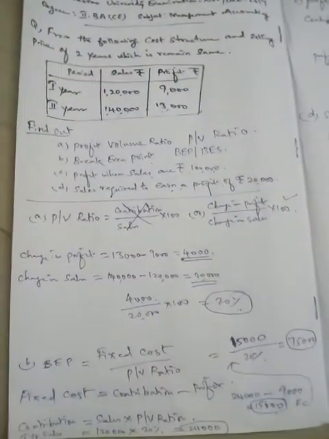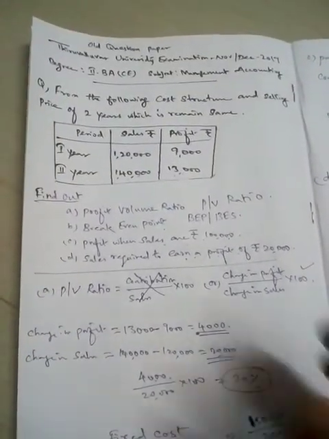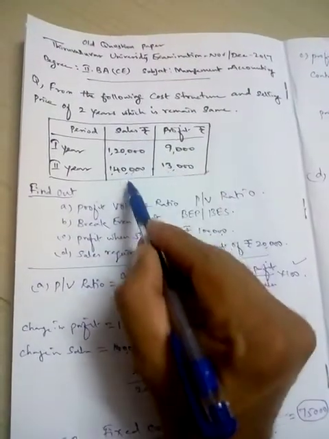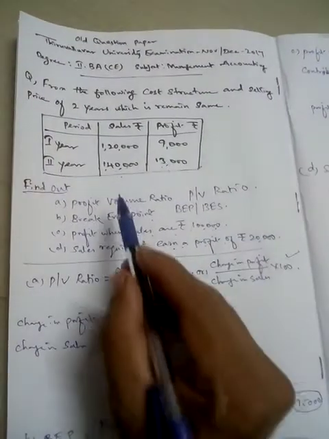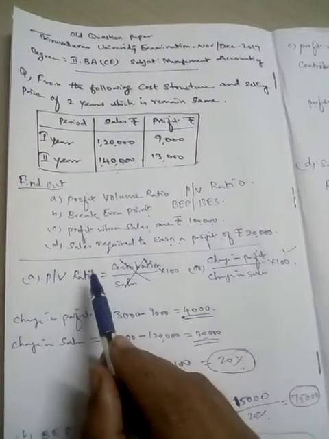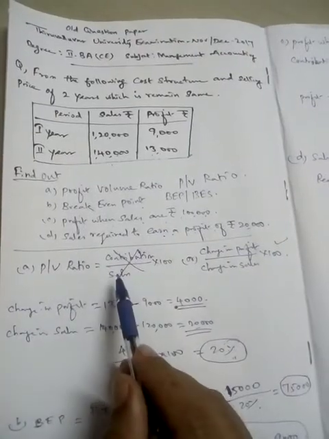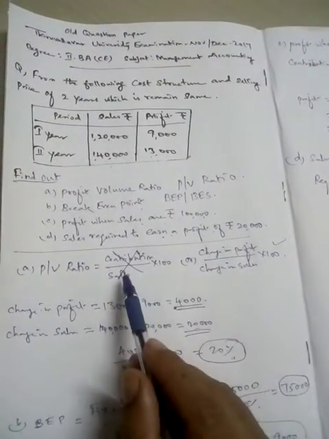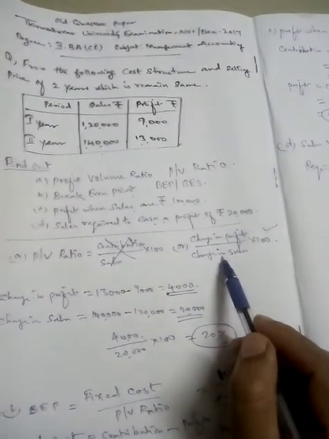So with this we conclude. I am again recalling all those things. See, in the question they gave only sales of 2 years and profit of 2 years, where they ask for PV ratio, break even point, profit when sales are 1 lakh, and sales required to earn a profit of 20,000. First we go through PV ratio. There are 2 formulas; we go with the second one: change in profit divided by change in sales into 100.